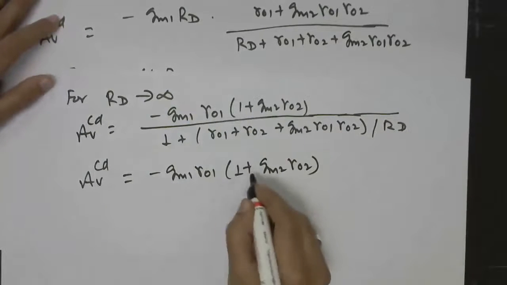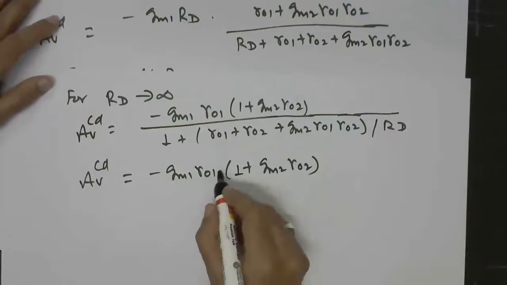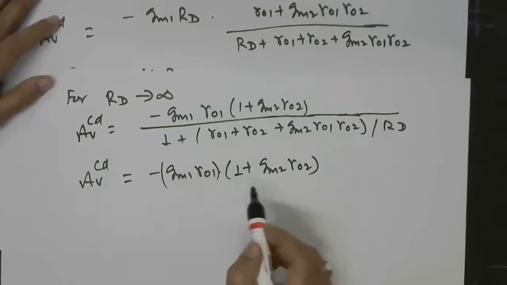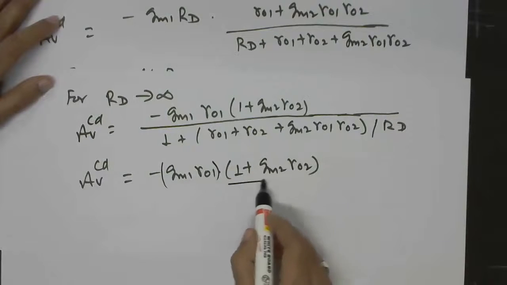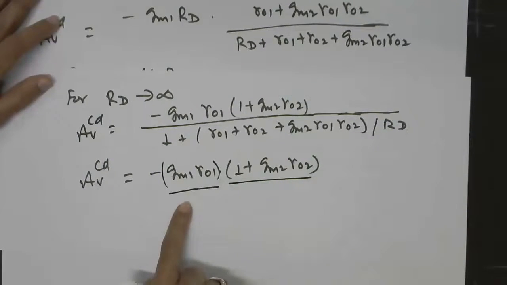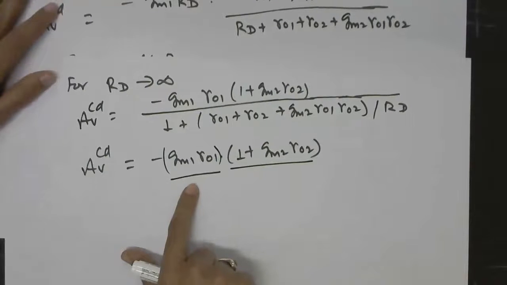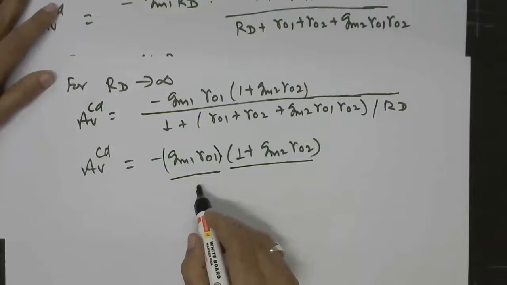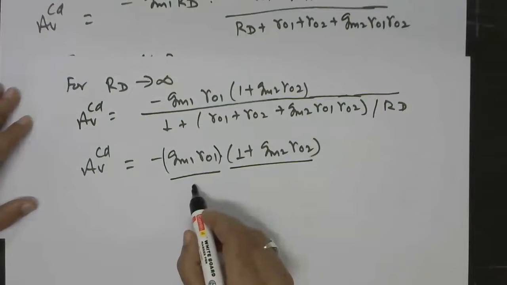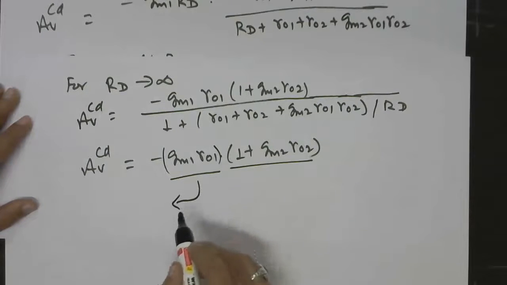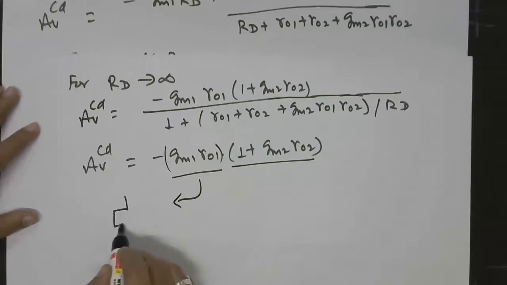Right. So we have now a product of two terms. So here, this term, you can see, we have already derived that this term is the voltage gain of a single NMOS. So this term is going to be the voltage gain of this circuit.